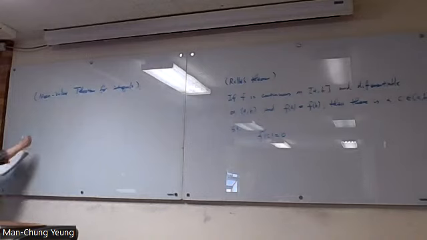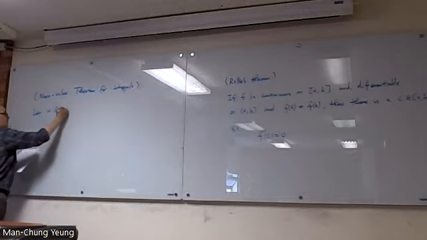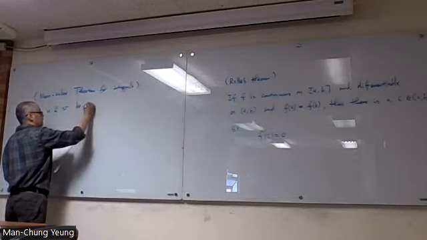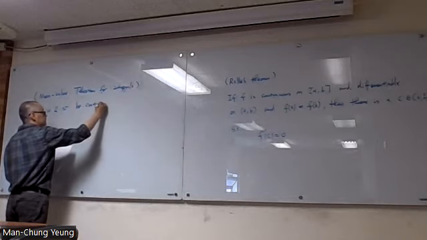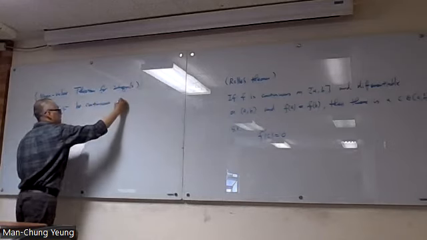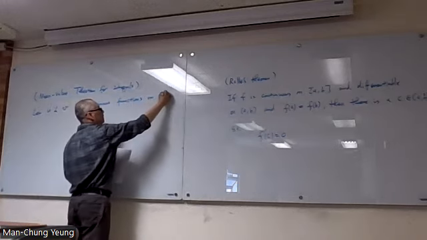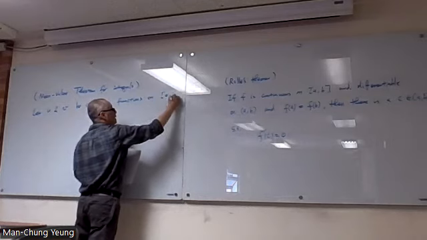And then function u and function v are continuous functions on interval AB.